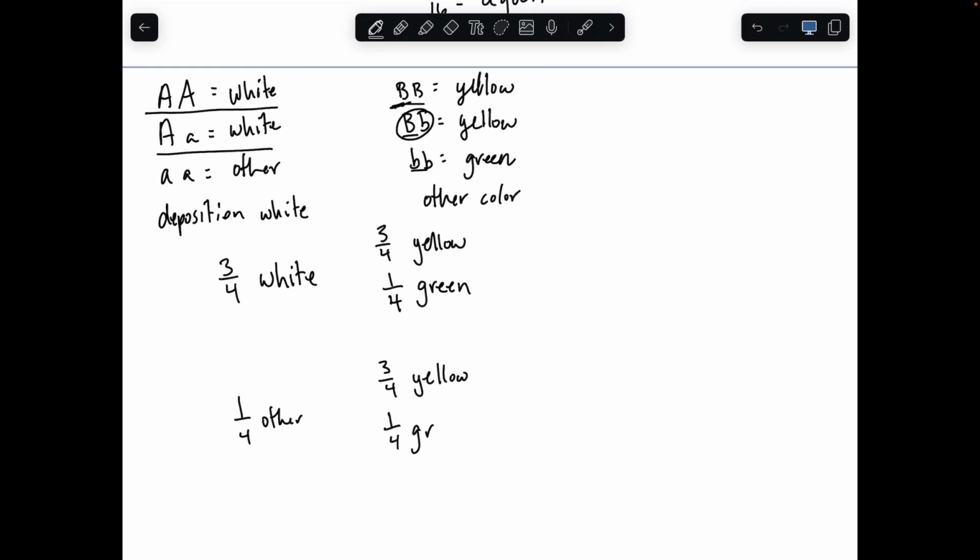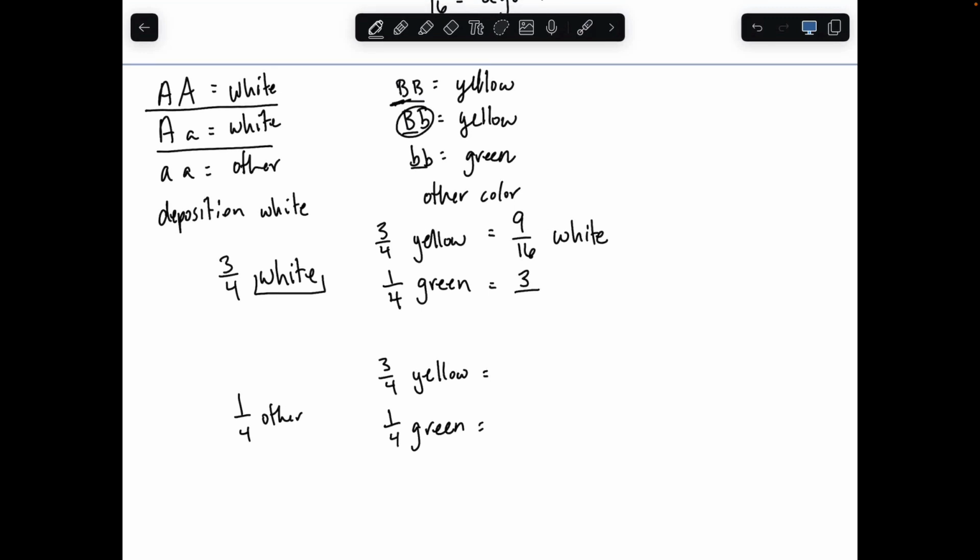And now if we do our crosses, 3/4 times 3/4 is 9/16, and because they are white, it doesn't matter what's here, these are white. 3/4 times 1/4 is another 3/16, and these are also white. 1/4 times 3/4 is 3/16 that actually can express their normal color.